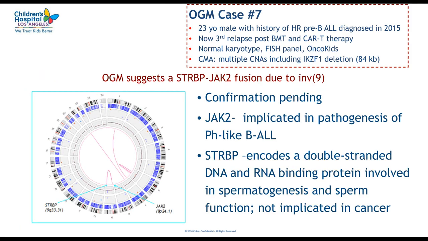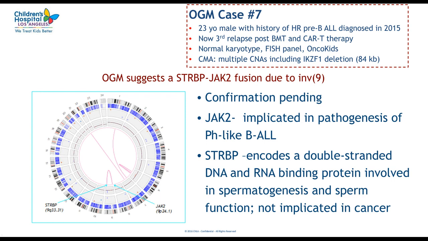And then the second case where optical genome mapping detected a novel candidate fusion was another high-risk patient with a very aggressive clinical course who was referred to CHLA after relapse for CAR T therapy. And in this case, optical genome mapping detected multiple structural variants that were missed by karyotyping, including an inversion on chromosome 9 with the STRBP gene and JAK2 gene at the breakpoints.